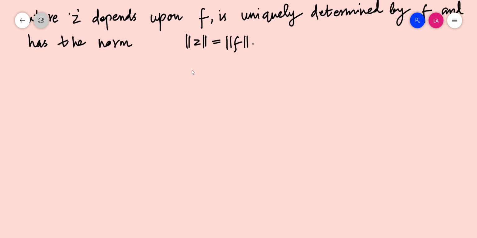What we need to establish is, first, that f(x) has the format ⟨x, z⟩. Second, that this z is unique.